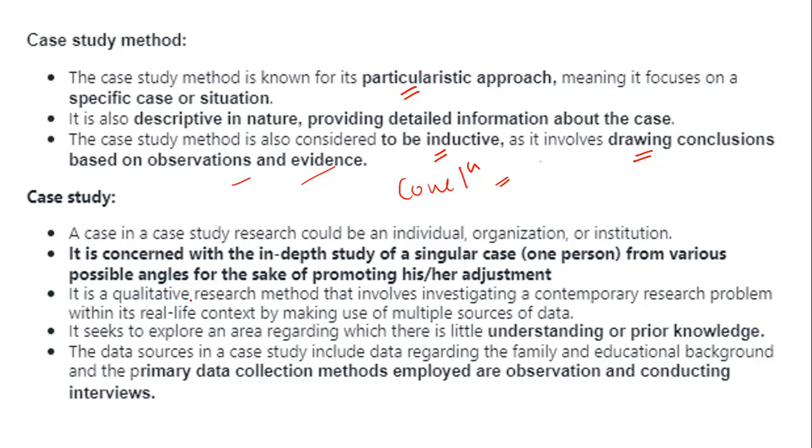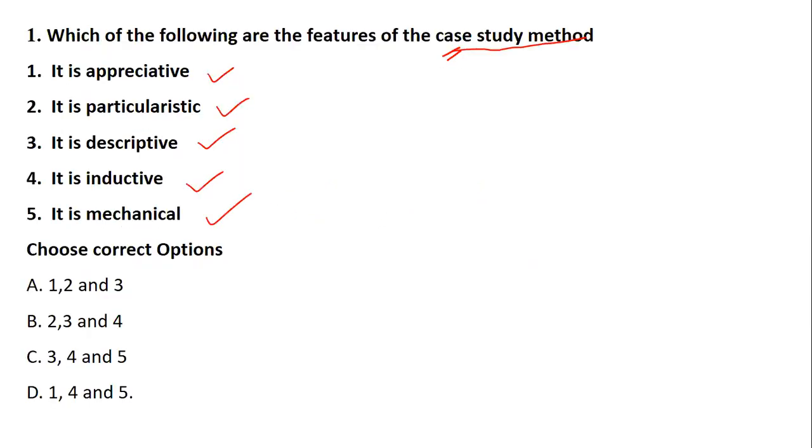It is qualitative in nature, and it seeks to explore an area with either very little understanding or with the help of prior knowledge. The data sources in case study include data regarding the family, the educational background, and primary data collection methods based on observation and interviews. From these also you can find out what will be the right option when it comes to case study.